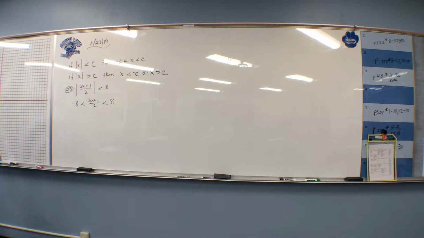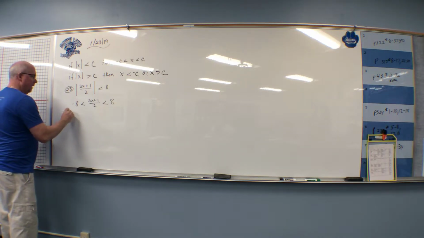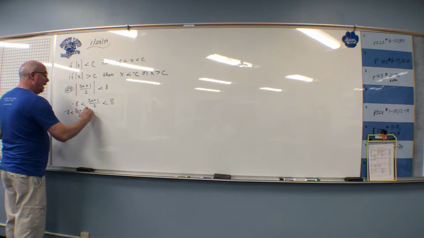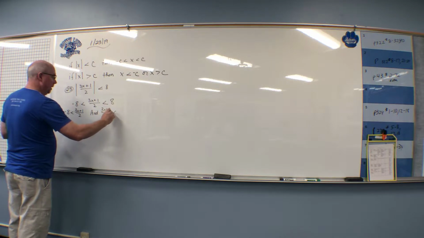You see that? Questions? Okay, so this is an "and." So I separate it as negative 8 is less than (3x plus 1) divided by 2, and (3x plus 1) divided by 2 is less than 8.